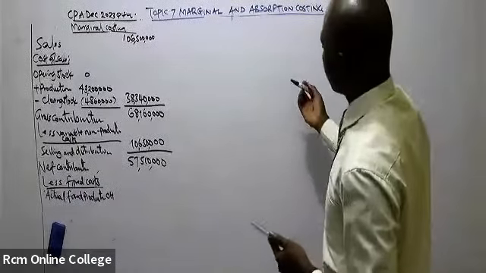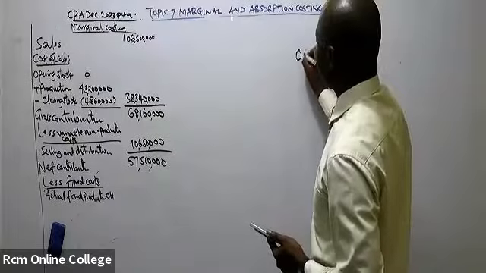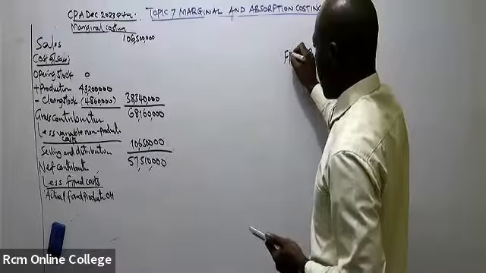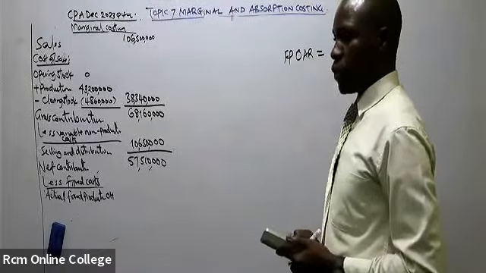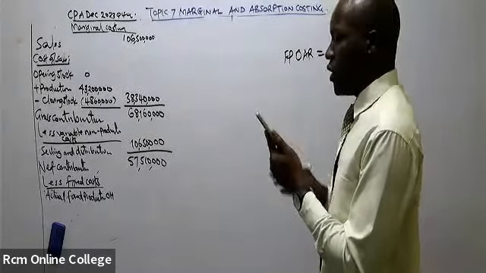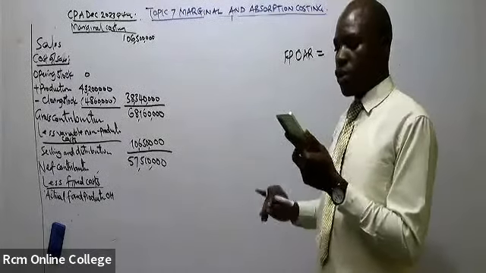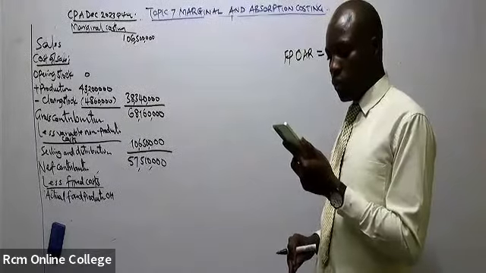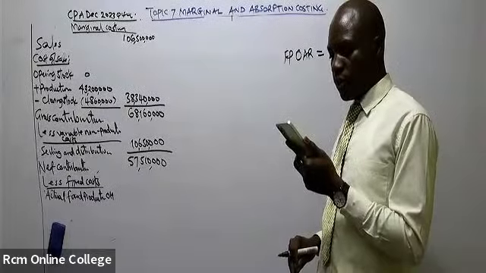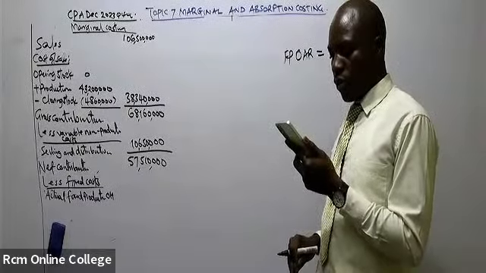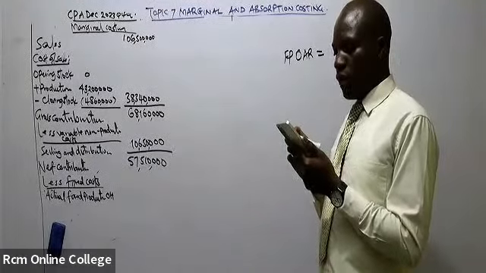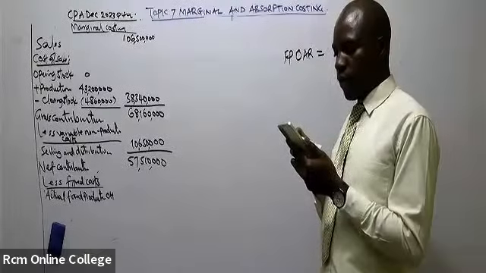So assignment number 1, can we get the overhead absorption rate, or the fixed production overhead absorption rate, equal to budgeted fixed production overheads. Do we have budgeted fixed production overheads? Do we have actual fixed production overheads?